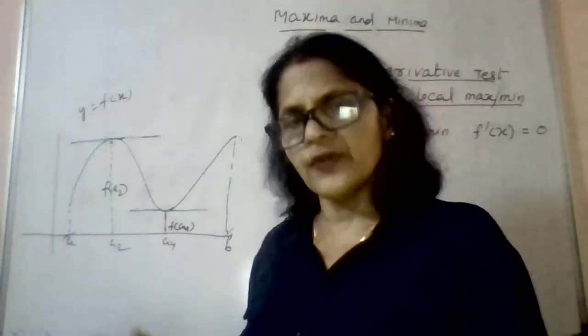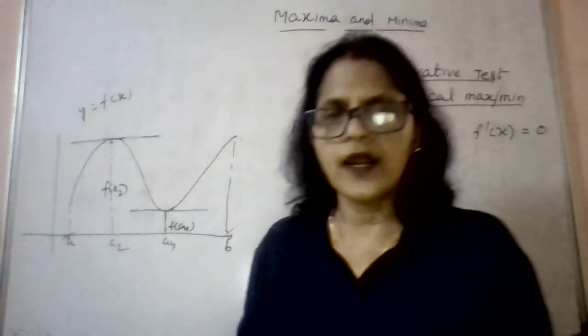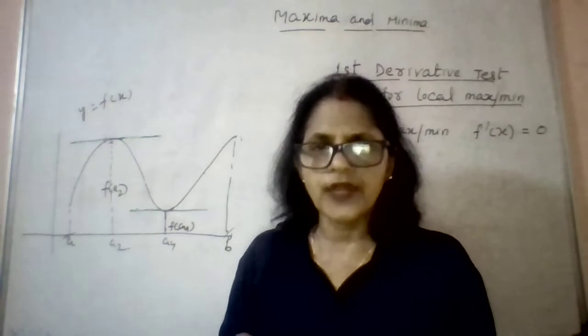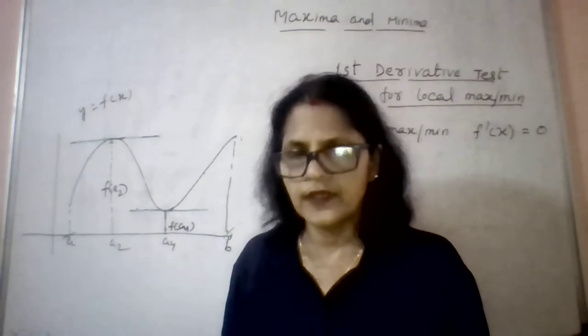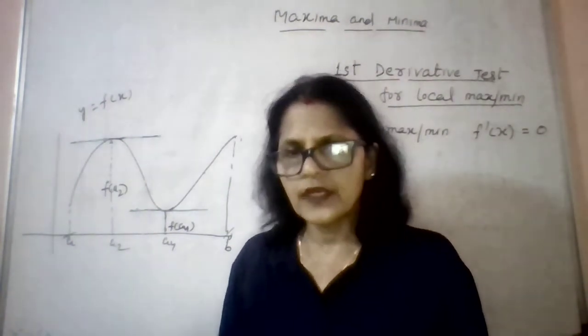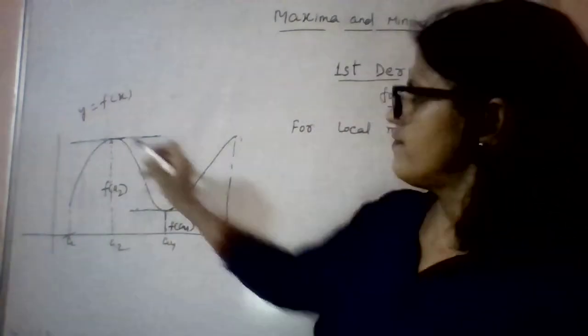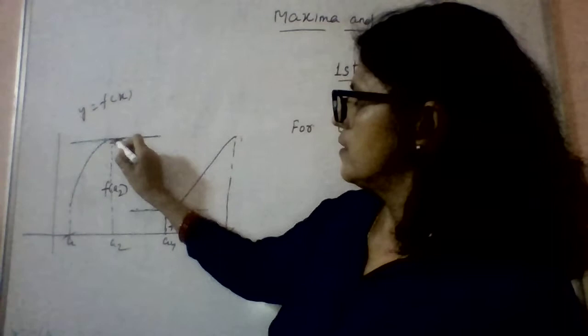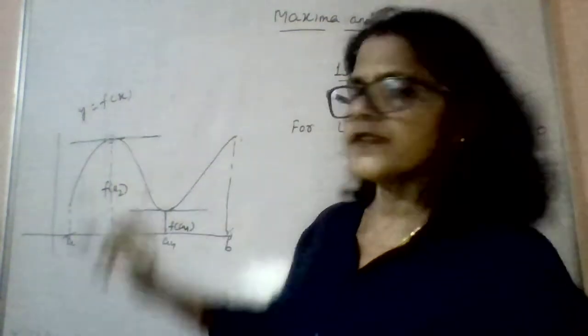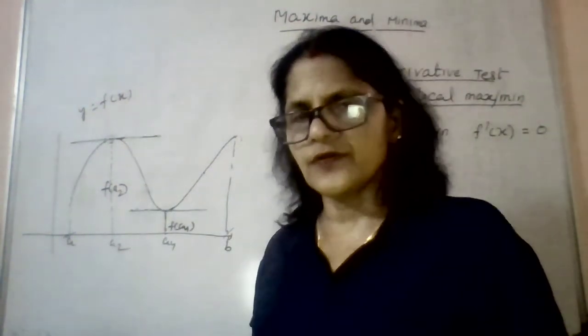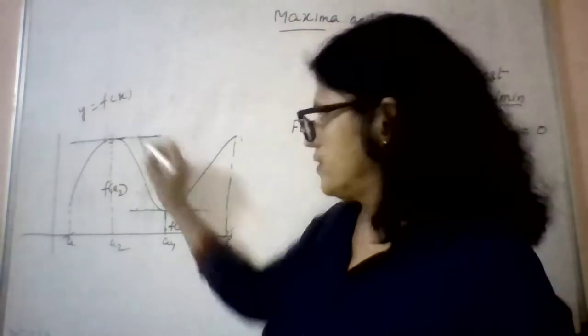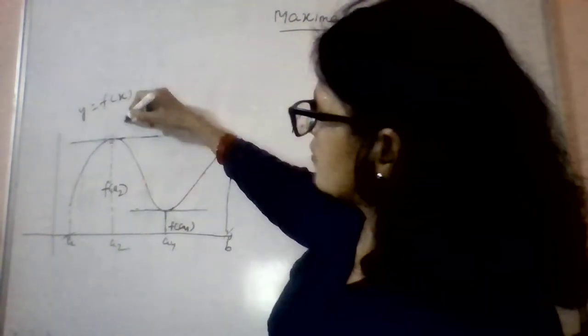And we also know the slope of the tangent to the curve at any point is equal to the derivative of the function at that point. It means if at this point the tangent is parallel to the x-axis, the slope of the tangent is 0, and slope of the tangent 0 means the derivative of the curve is also 0.